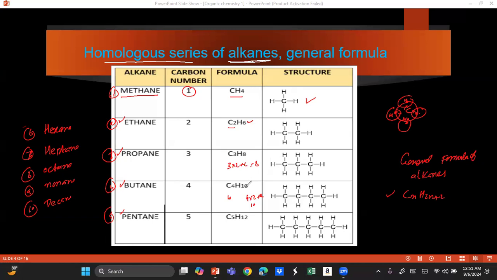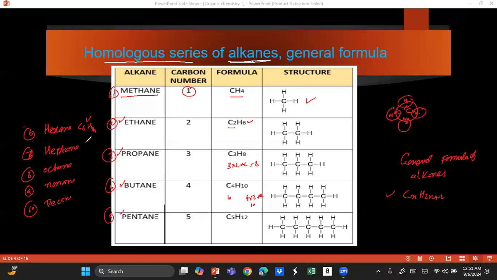So after pentane, we have hexane, which has 6 carbons. You can complete the number of hydrogen atoms now. This is for you. Take 6, then double the number of carbon atoms, which is 6, that is 12. Just add 2 to it. You will have 14. This is the molecular formula of hexane.